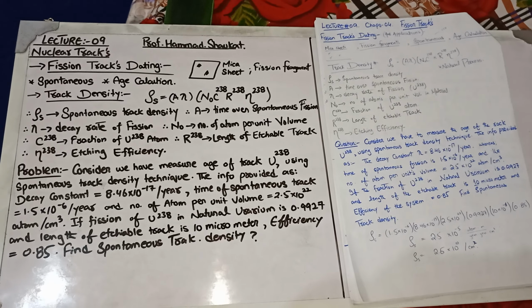again N u, C235, R235, and eta 235, whereas this sigma is basically the cross section, and this phi is basically the thermal neutron per unit area.